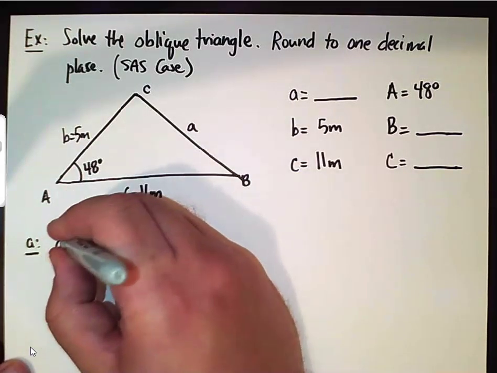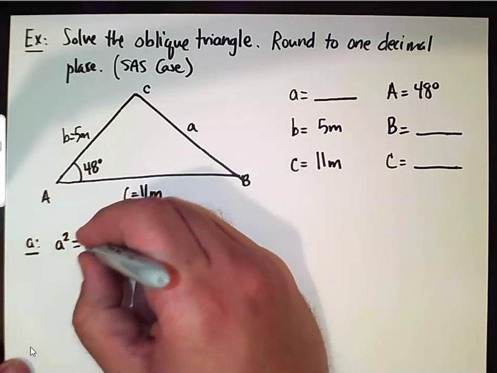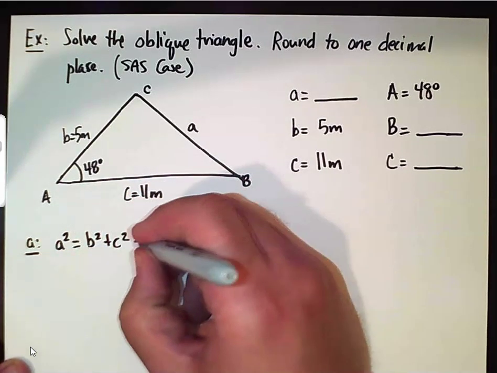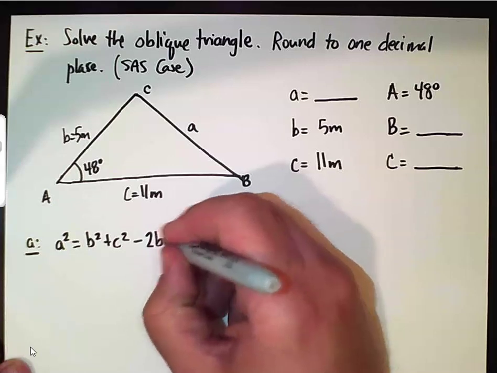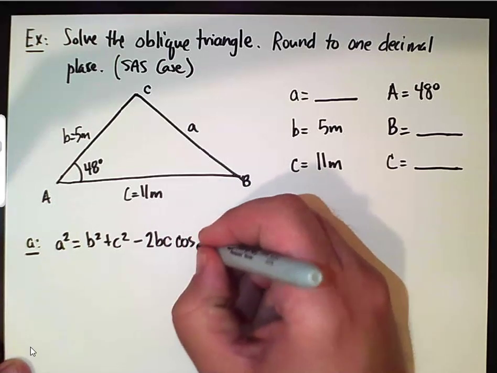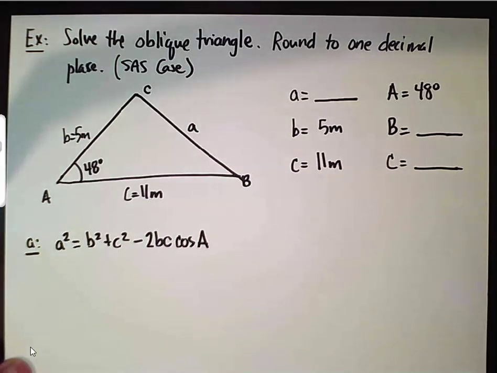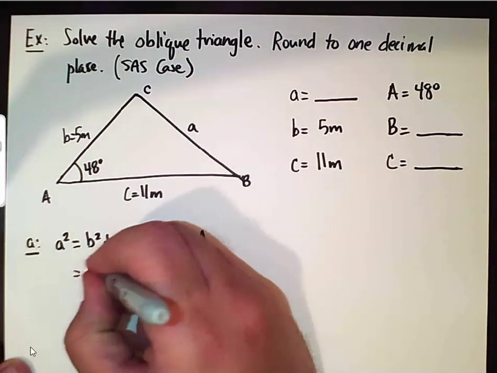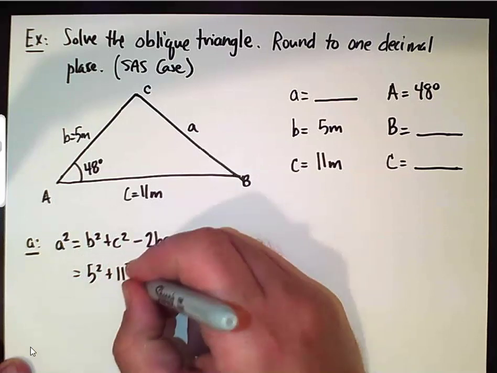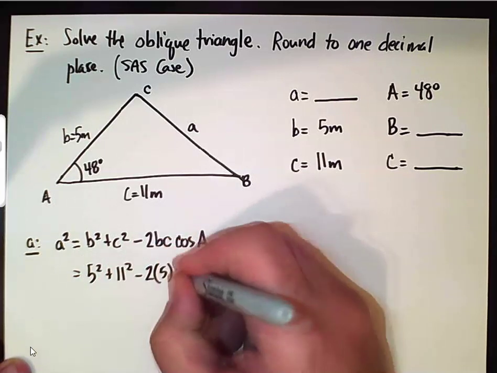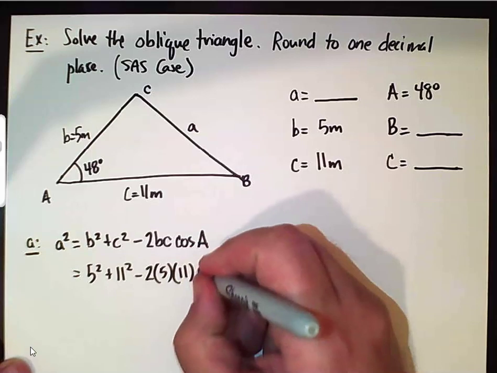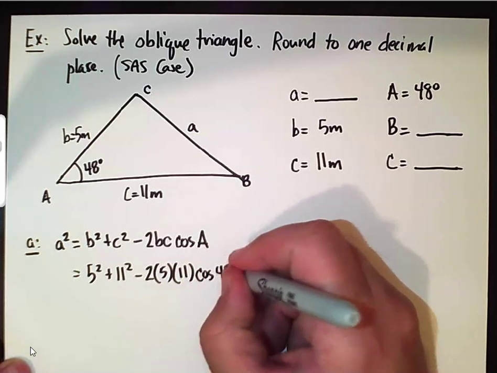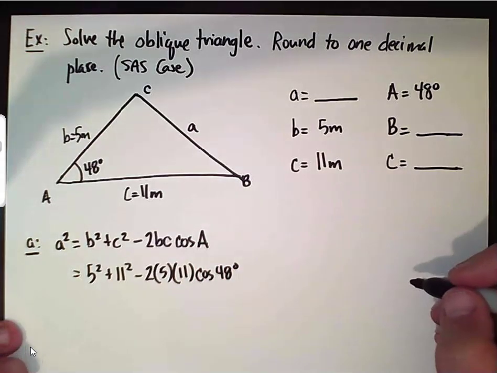So a squared is equal to b squared plus c squared minus 2bc times the cosine of A. That's 5 squared plus 11 squared minus 2 times 5 times 11 times the cosine of 48 degrees.